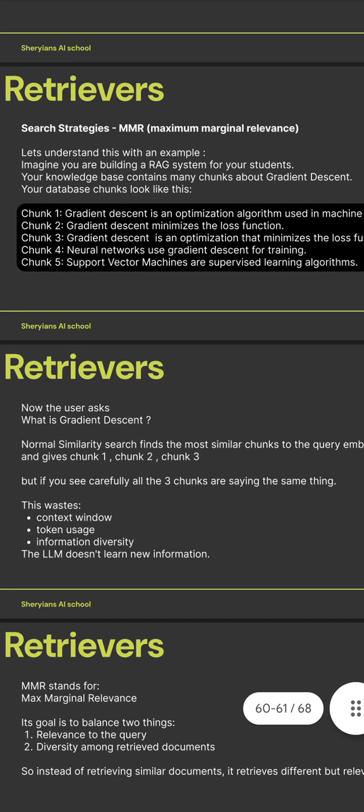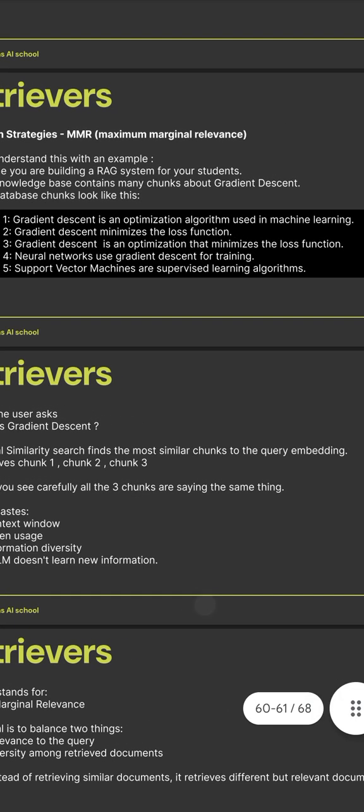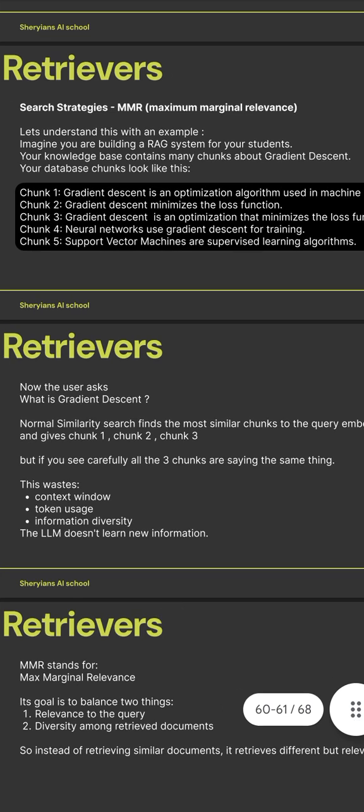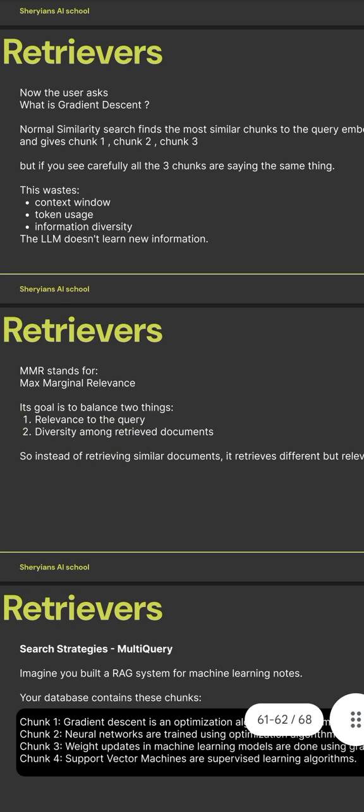So when you ask a question about gradient descent, normal similarity search finds the chunks most similar to the query embedding and gives chunk 1, chunk 2, chunk 3. If you look carefully, all these chunks are saying the same thing. This wastes context window tokens, and there is no information diversity; the LLM doesn't learn new information.